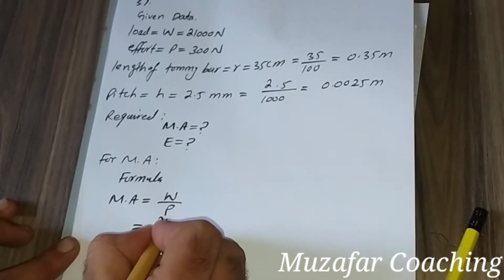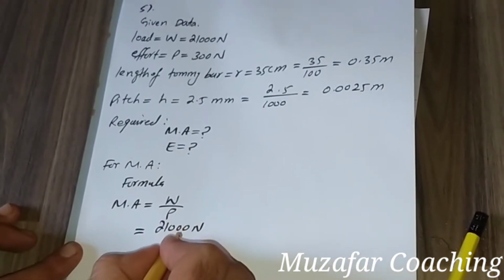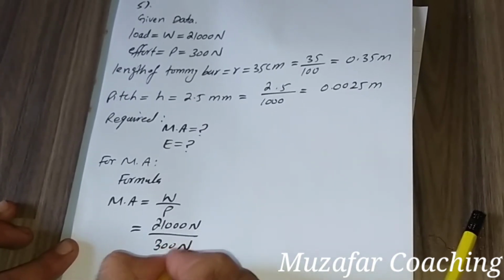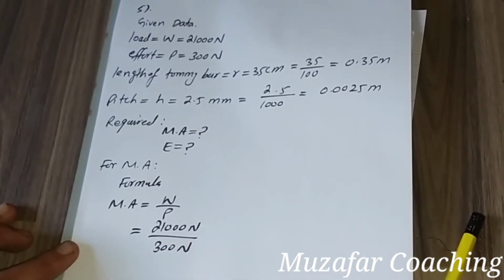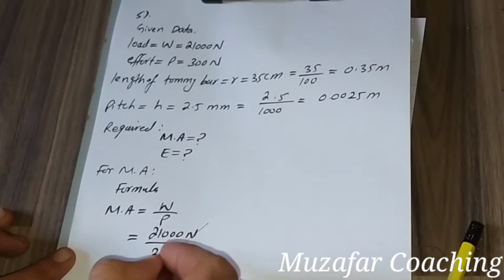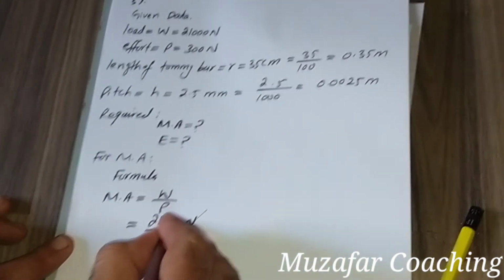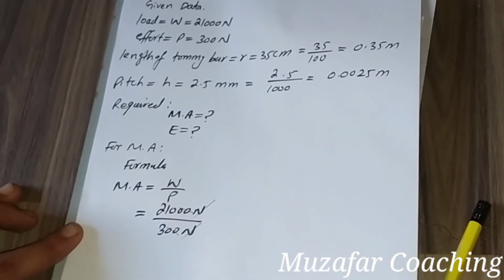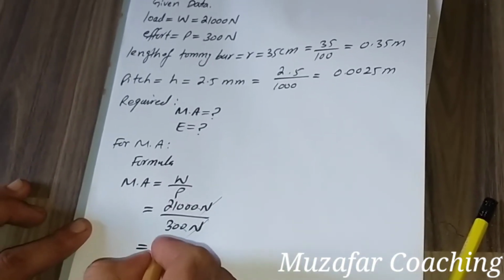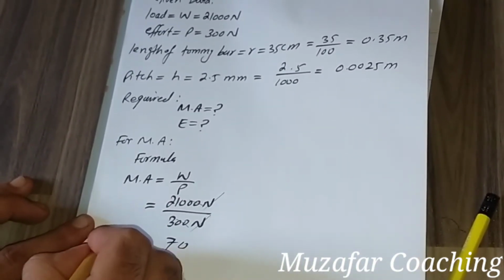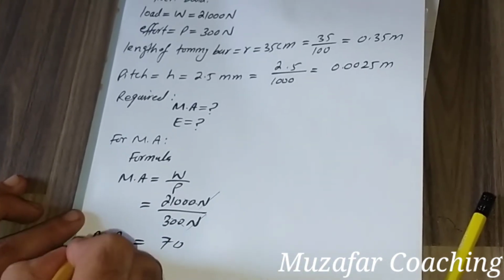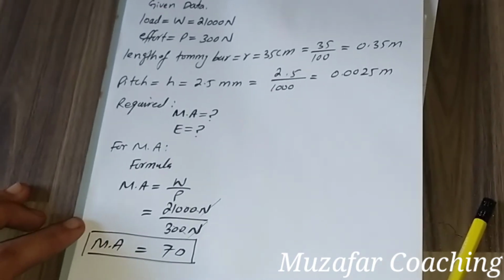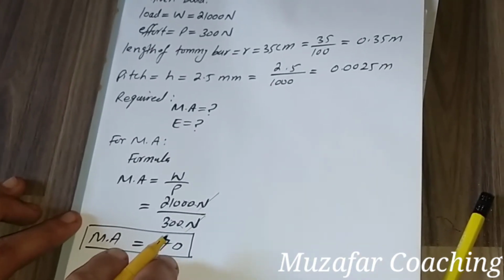It is 21,000 Newton. And what is P over here? It is 300 Newton. So 2 zeros will be cancelled. When we divide this, we get 70. So the mechanical advantage is equal to 70. We make a box so that the answer is highlighted.